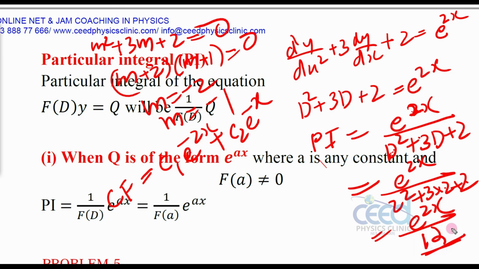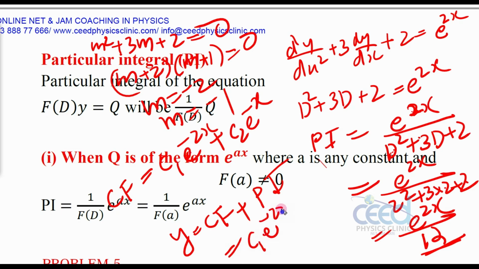So e^(2x)/12 is the particular integral. The entire solution I can write as y = complementary function + particular integral, that is c1 e^(-2x) + c2 e^(-x) + e^(2x)/12.